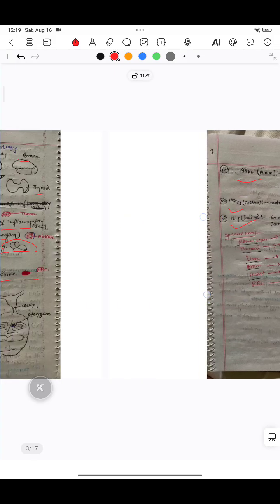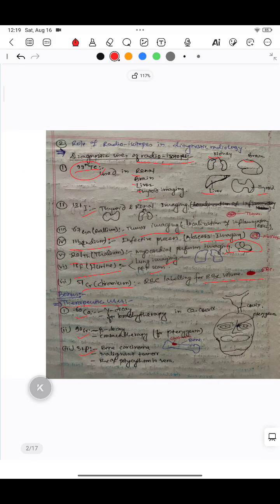Let's see their uses. Cobalt 60, gamma decay, for brachytherapy in carcinoma of cervix. Selenium 90, beta decay, contact therapy for pterygium, which usually occurs at the medial canthus; contact therapy is given for its treatment.